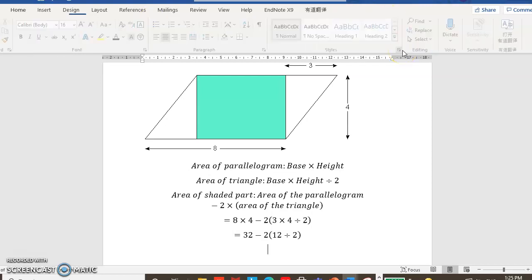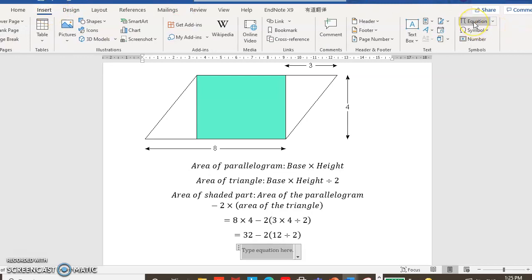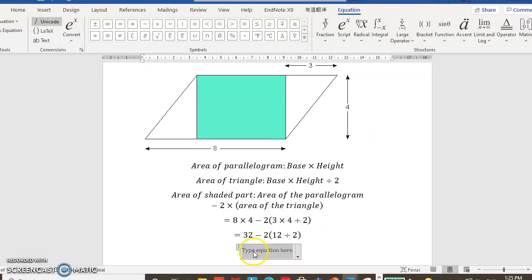And if we go further, that actually equals 32 minus 2 times 6.